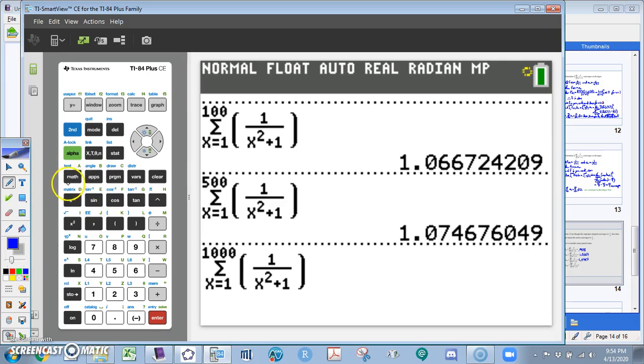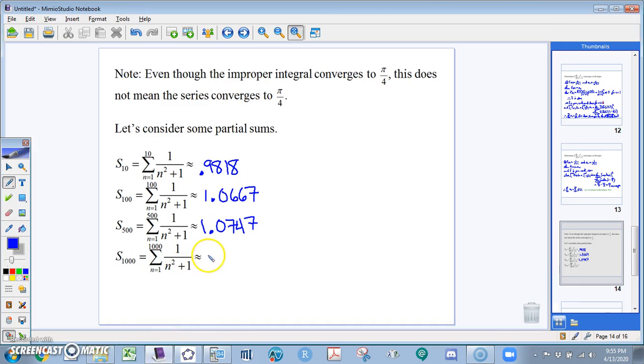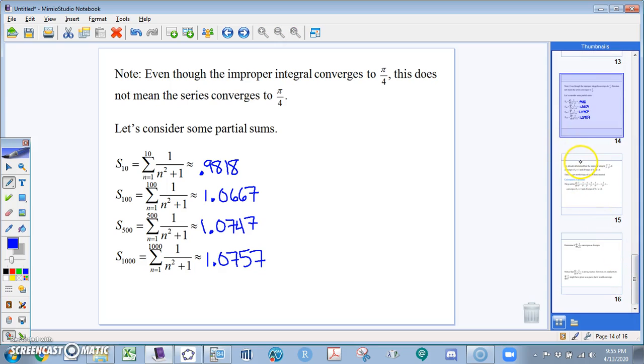That's probably going to take it a little bit of time. I get 1.0757. So we definitely look like we're converging to a number. However, that's definitely not pi fourths. Pi fourths would be a little bit bigger than 3/4. That's not this number. So even though they both converge or diverge, it doesn't mean they converge or diverge to the same number.